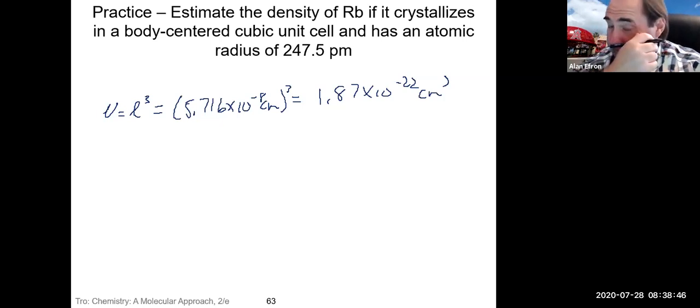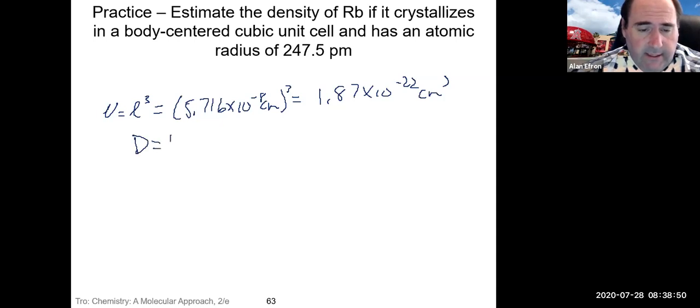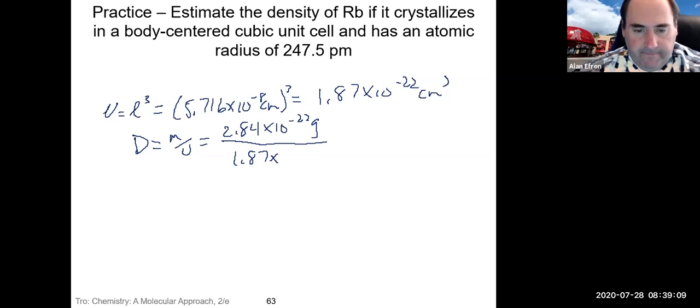So density is mass over volume. The mass that we had previously was 2.84 times 10 to the minus 22, I believe. So 2.84 times 10 to the minus 22 grams from the previous page, divided by our volume here.